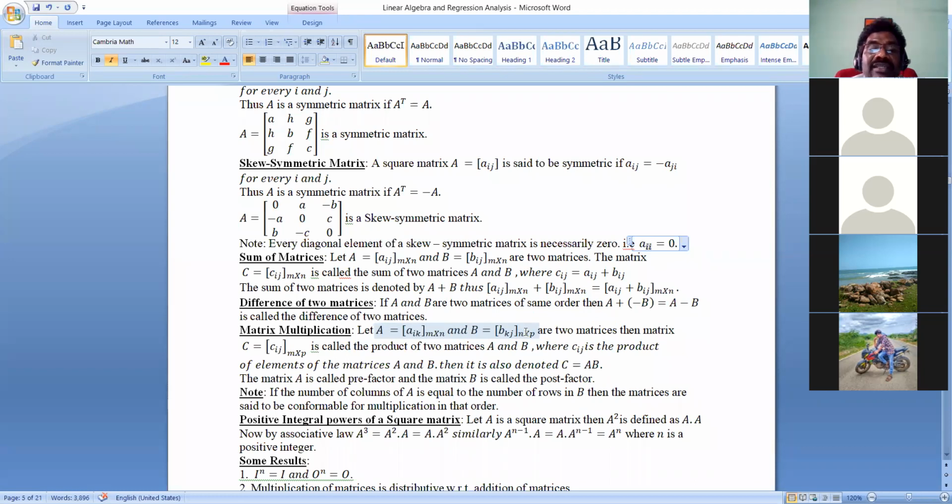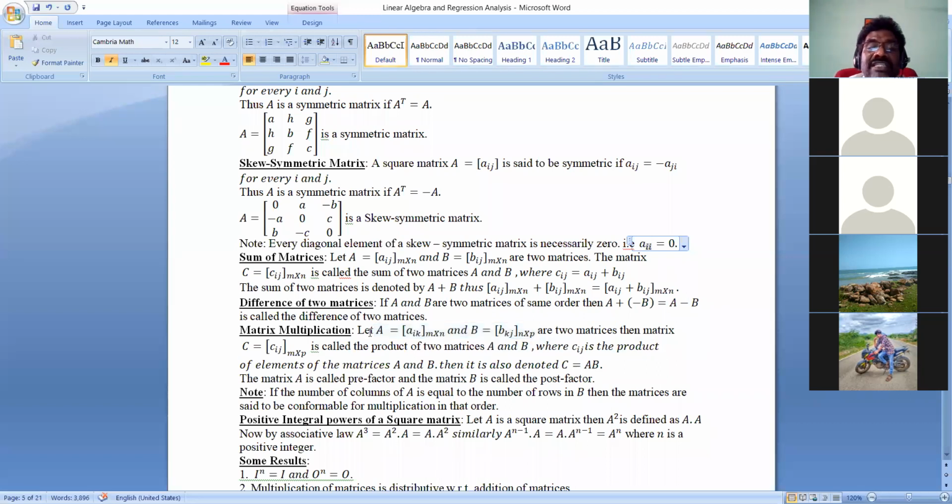Then only the multiplication of these two matrices AB exists. Otherwise, this is not applicable, that means the multiplication of two matrices does not exist and is not performed.